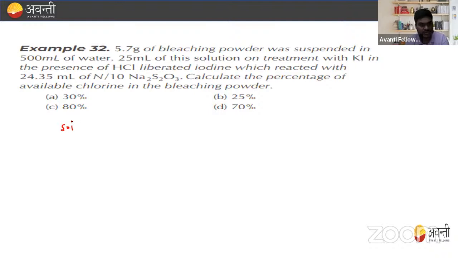So how will you calculate? Let's see. First of all, what is the milli equivalent of Na2S2O3? Milli equivalent of Na2S2O3 is equal to volume, which is already given, 24.35, and what is the normality here? 1 by 10.